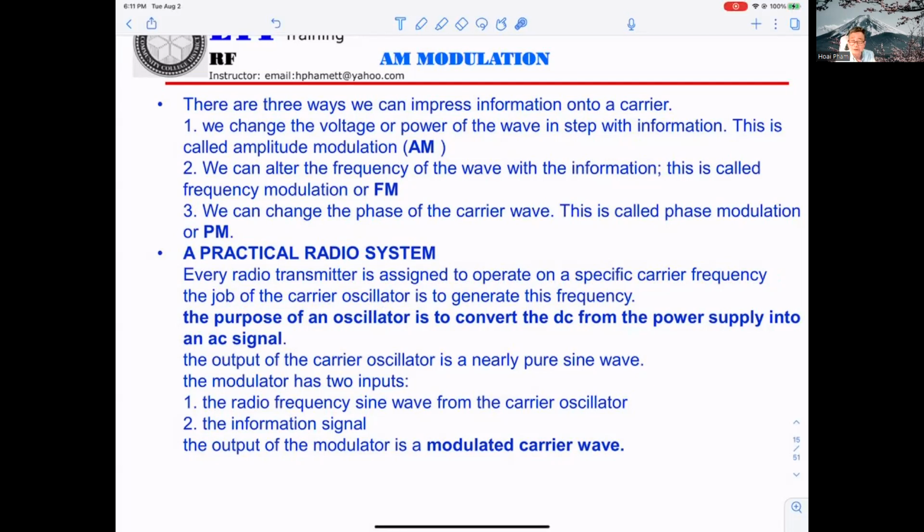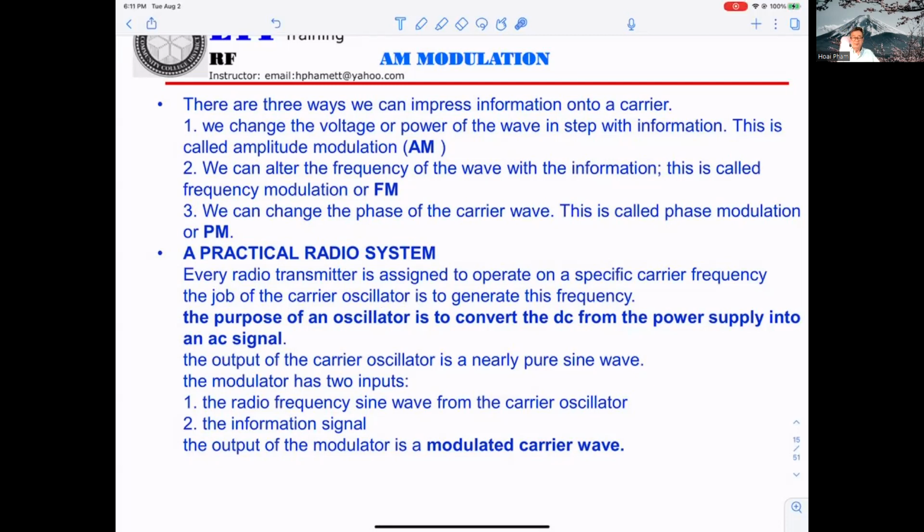You can go to an electronics store to buy an oscillator. However, when you buy an oscillator, they will ask you what frequency you want. You can say 1 megahertz, or 10 kilohertz. That's very simple.